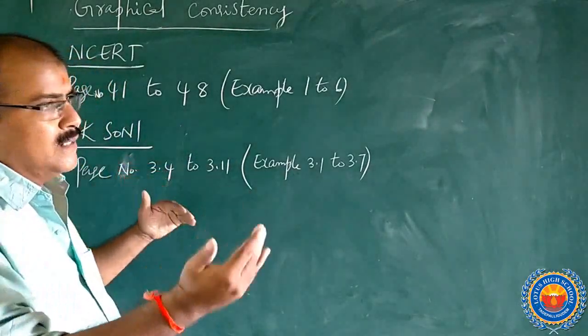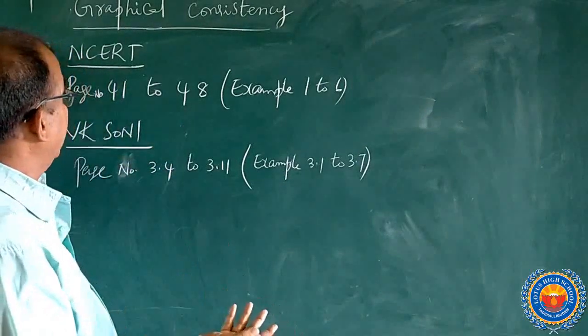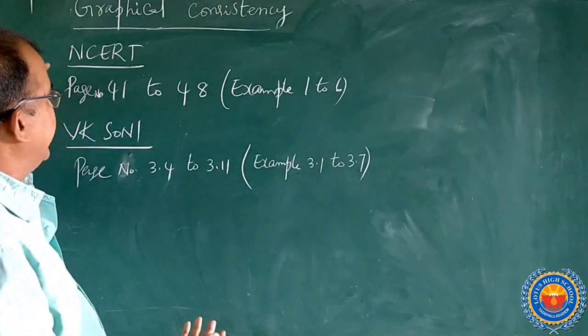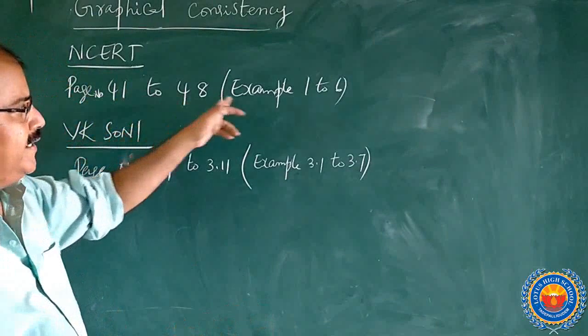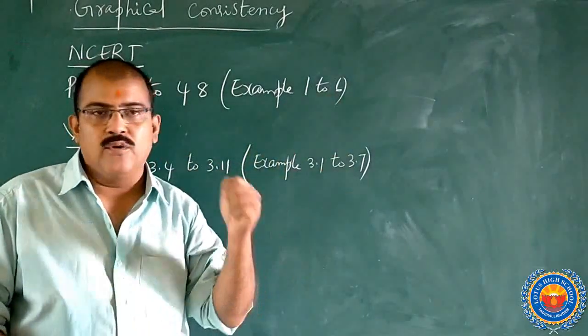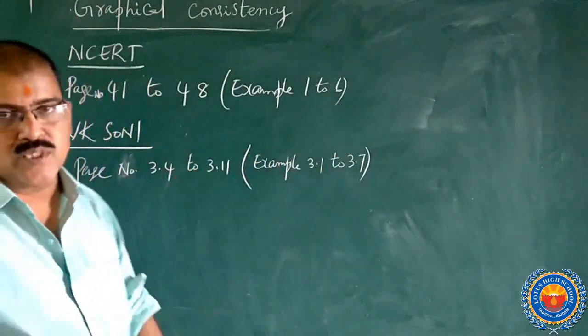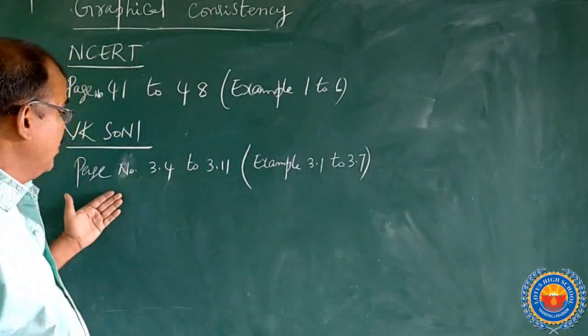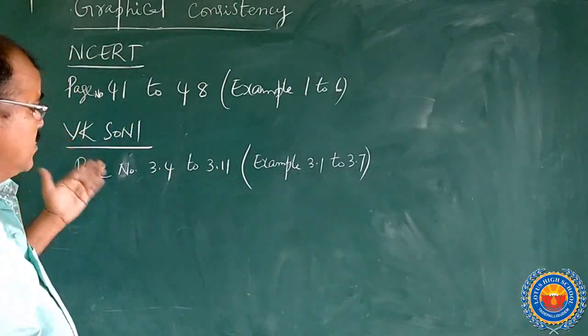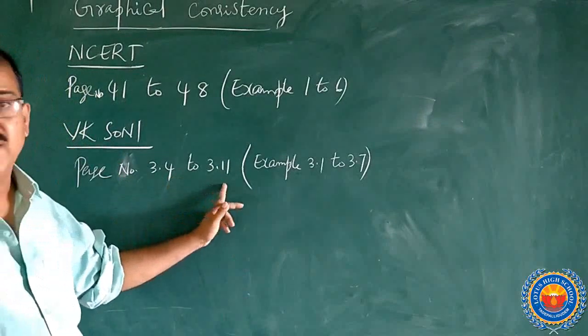You can take 3 or more days. In the textbook, page numbers 41 to 48, there are a total of 6 examples. In RK Sony also, page numbers 3.4 to 3.11, those examples.